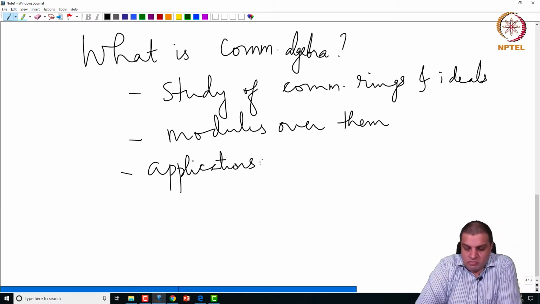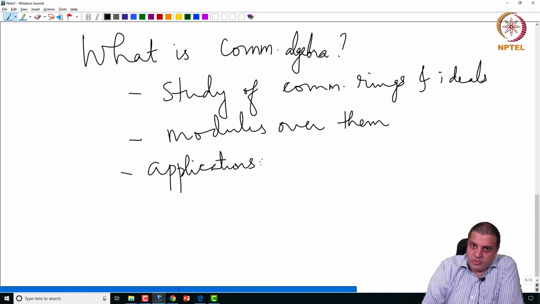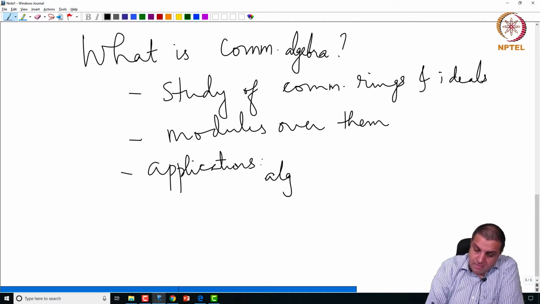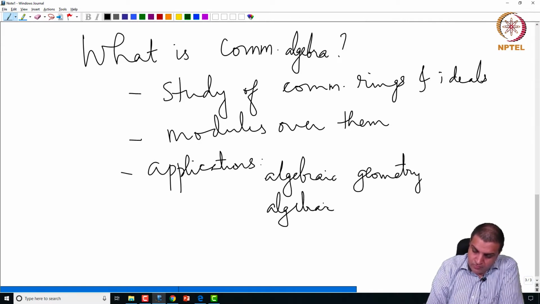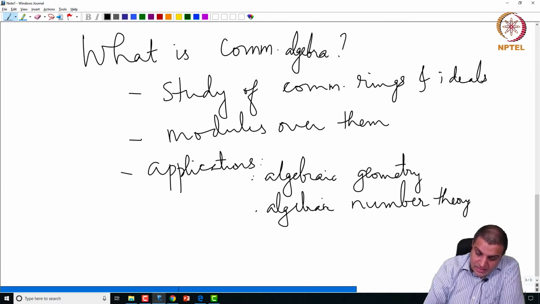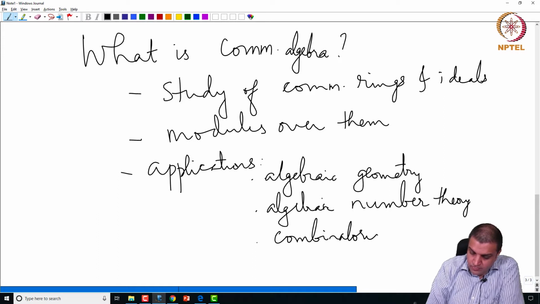Traditionally, from the 19th century, questions in commutative algebra, or the importance of looking at some of these questions, came from studying questions in algebraic geometry, also algebraic number theory, and increasingly combinatorics and also algebraic statistics.